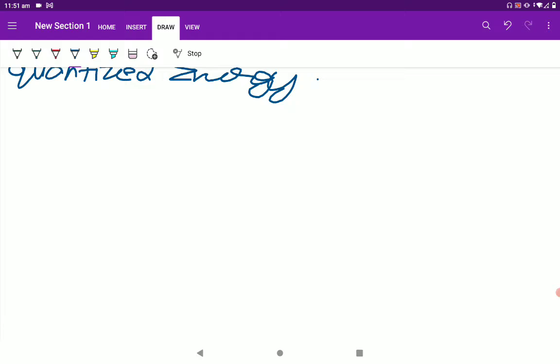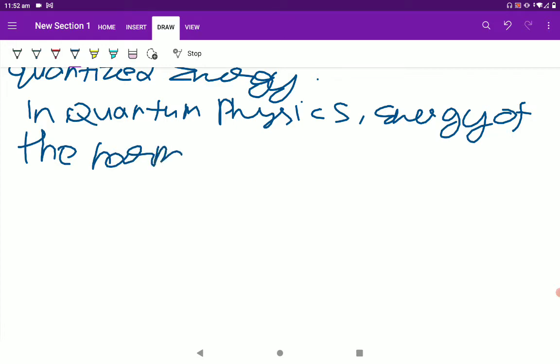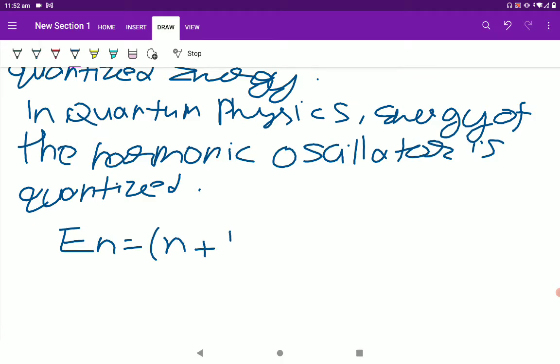In quantum physics, the energy of the harmonic oscillator is quantized and is represented by this expression. So this is the case of the 1D harmonic oscillator.